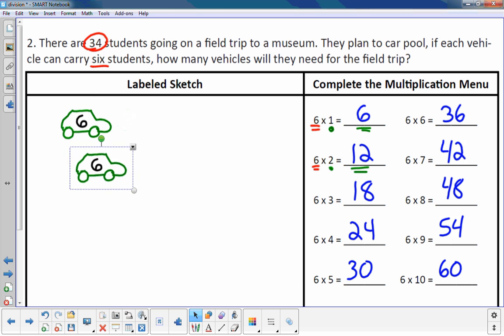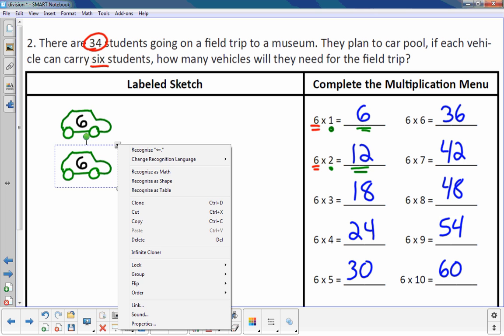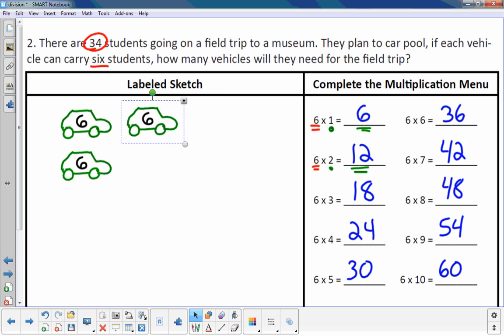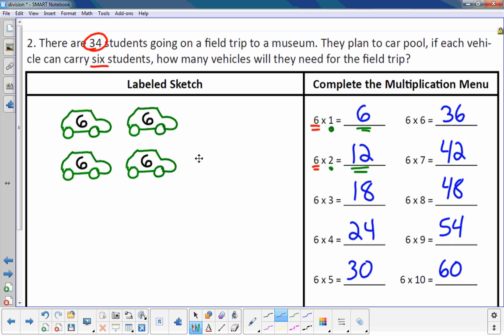And I would draw another one, and keep drawing until I got to 34. Well, how do I know when I'm at 34, Mr. Knowles? Well, if I look at my multiplication menu on the right, I can look at my multiples of 6 and see how close I can get to 34. And it looks like 6 times 5 is 30, so I need 5 cars.